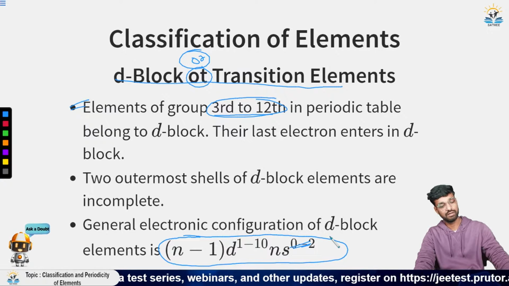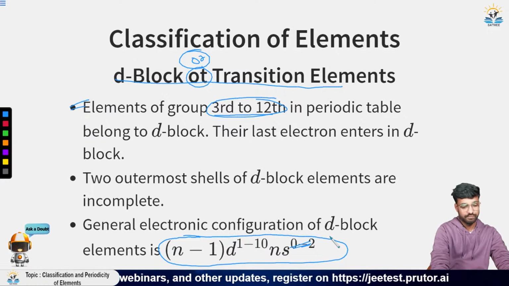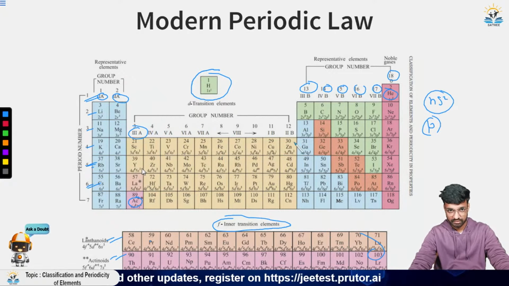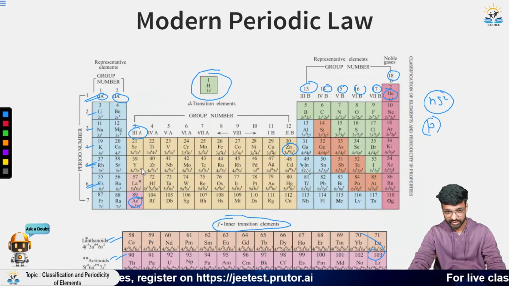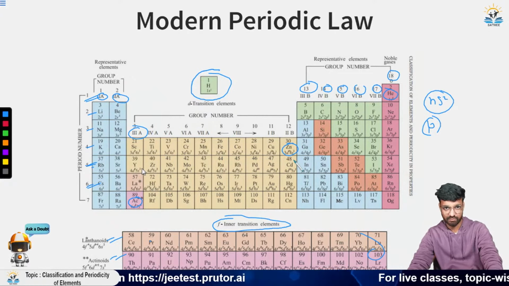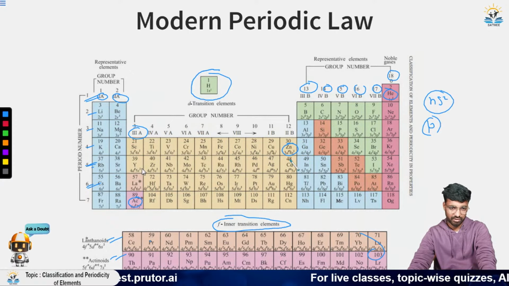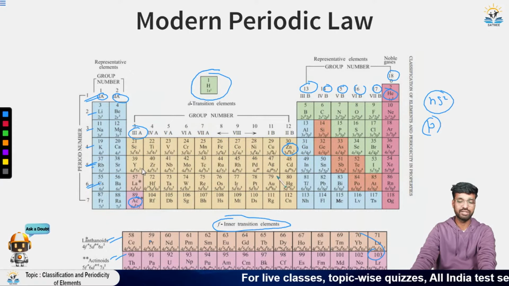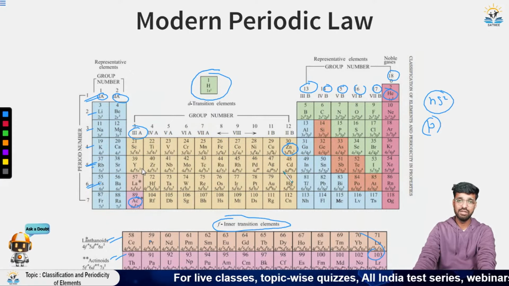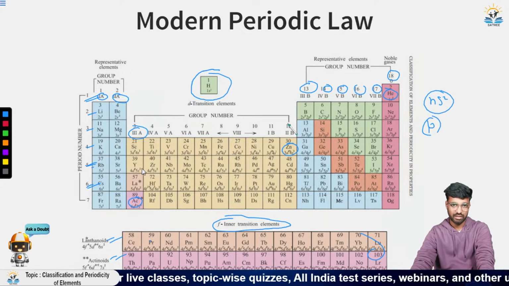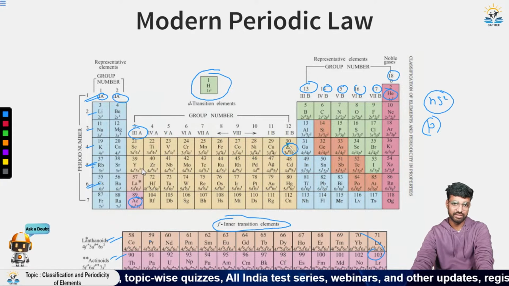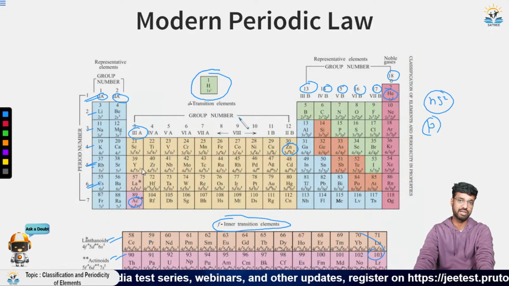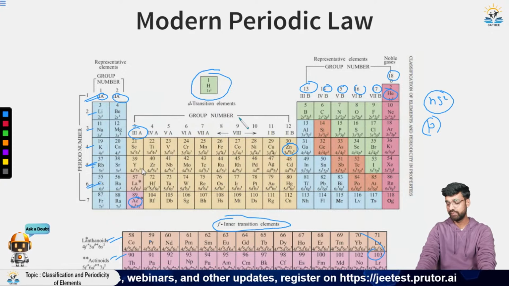If you look at the periodic table here, zinc is placed here and it is completely filled, but if you oxidize it, that is remove one electron from it, it will show an incomplete d orbital. Due to this reason, zinc, cadmium, and mercury are all included in the transition elements. So that should be kept in mind.